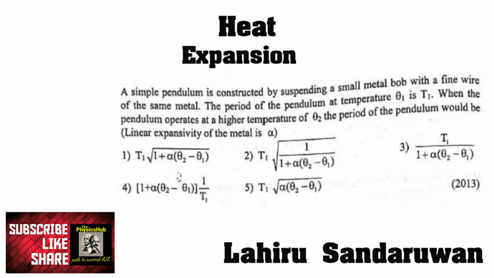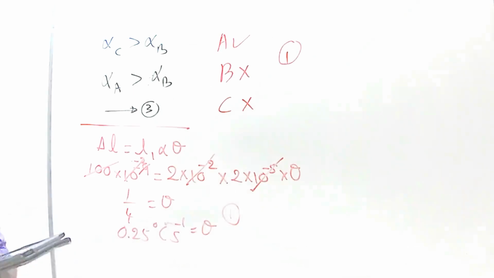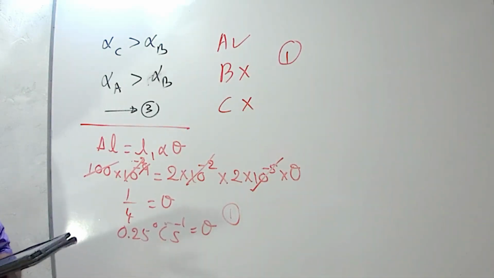A simple pendulum is constructed by suspending a small metal bob with a fine wire of the same metal. The period of the pendulum at temperature theta 1 is T1. When the pendulum operates at a high temperature theta 2, what would the period of the pendulum be? The linear expansivity of the metal is given.